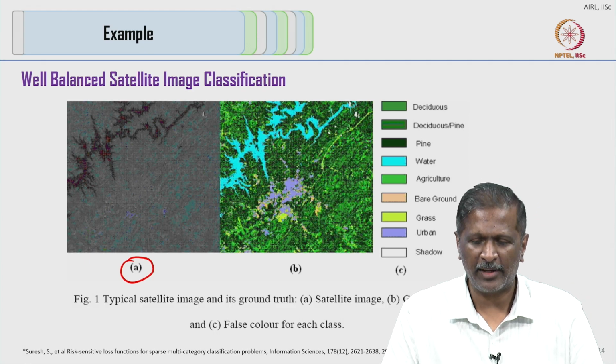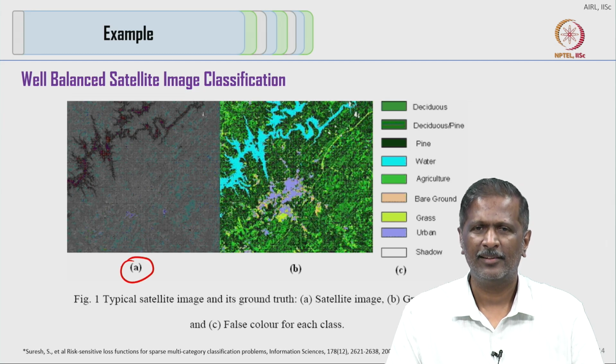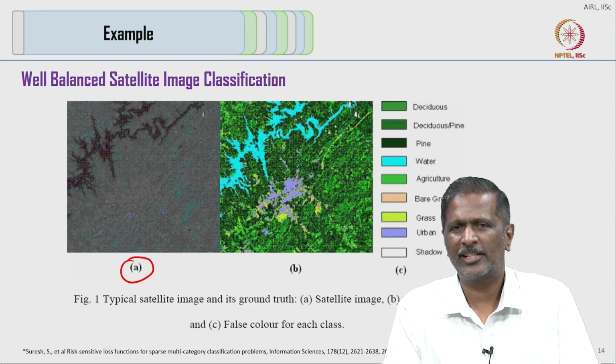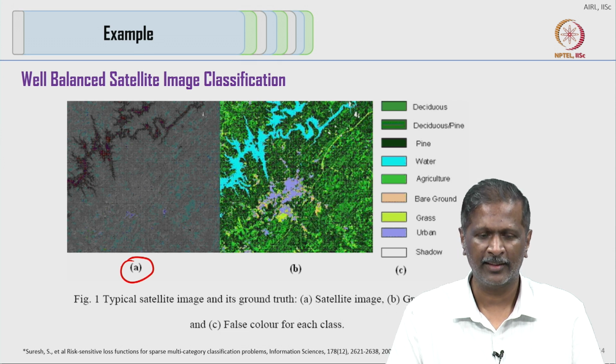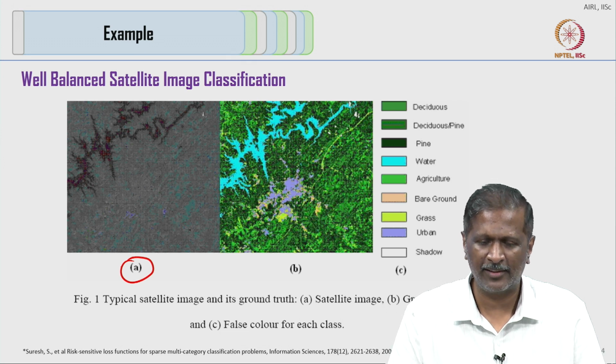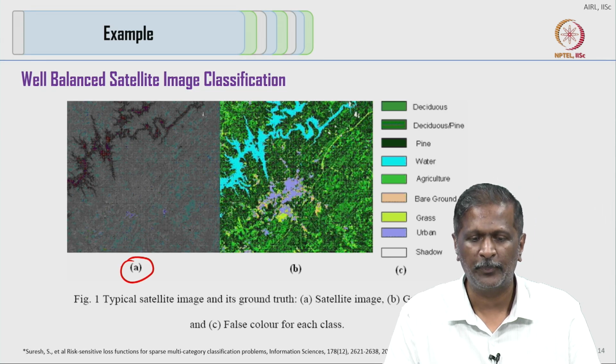Now, every pixel I am trying to assign to a specific class, something similar to segmentation. This particular image is in the Karnataka region. It's Kaveri belt data that I am showing here.